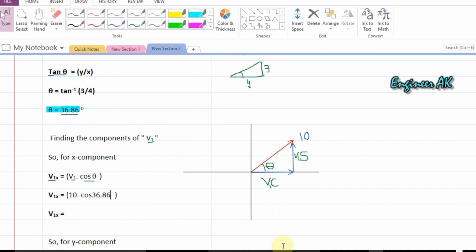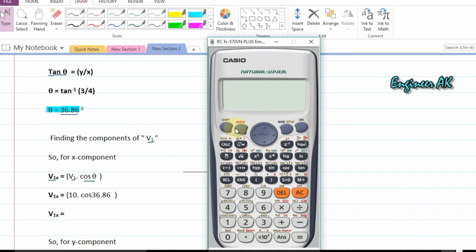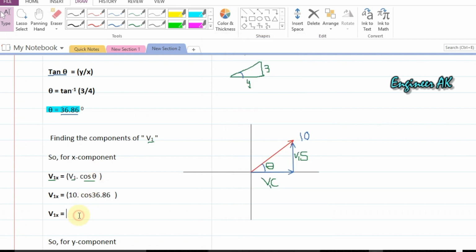So if I plug this in the calculator, 10 cos of 36.86 comes out to be 8, and it is in the x direction, so I put here i, the unit vector in the x direction.